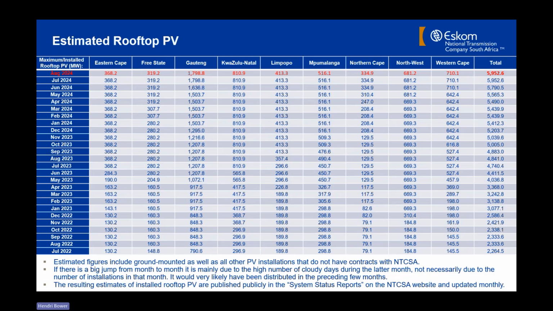So if you look at the top two rows, July 2024 and August 2024, the analysis was not able to pick up any additional installed capacity between those two months. And it's purely because of that reason. In other words, there were not any periods of significant change in just your cloud cover, excluding any temperature changes, to highlight any significant growth in any of the provinces.